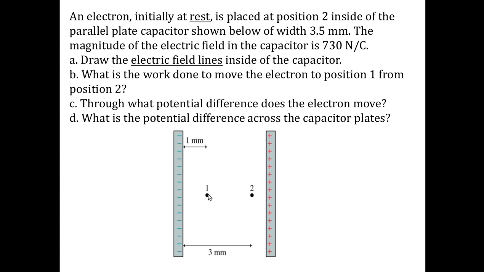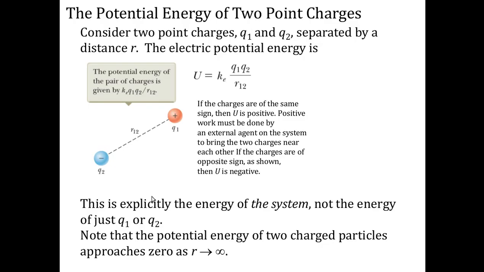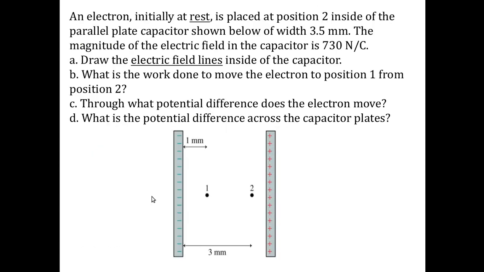And then there's a second position, position 1, that is 1 millimeter from the negative plate, so it's 2.5 millimeters from the positive plate. So we've got some distances marked, and we've got the width of the capacitor in the problem.